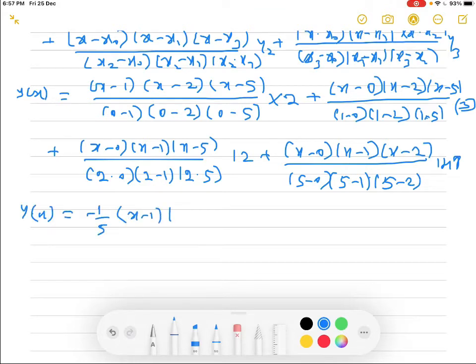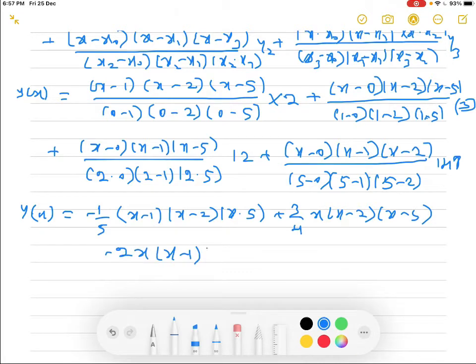After simplification, we have y of x is equal to minus 1 by 5 into x minus 1 into x minus 2 into x minus 5, the first term, plus 3 by 4 into x into x minus 2 into x minus 5, that is the second term. Then minus 2 times x into x minus 1 into x minus 5.